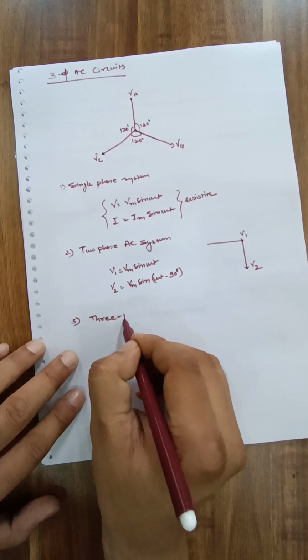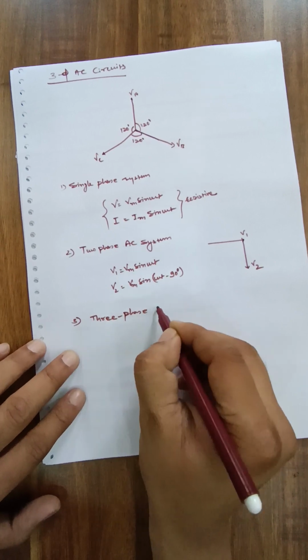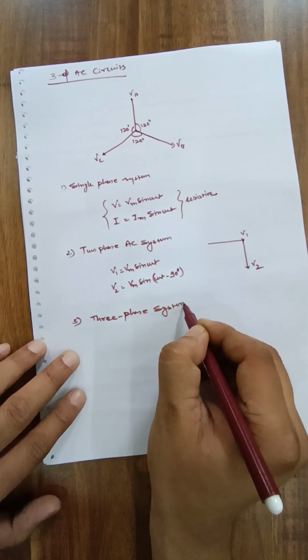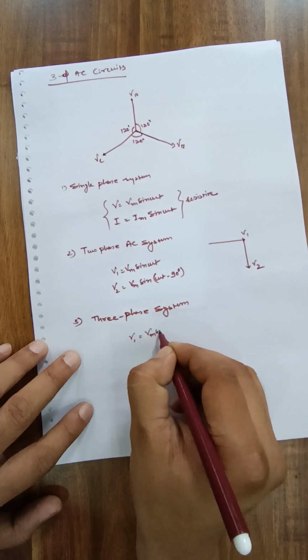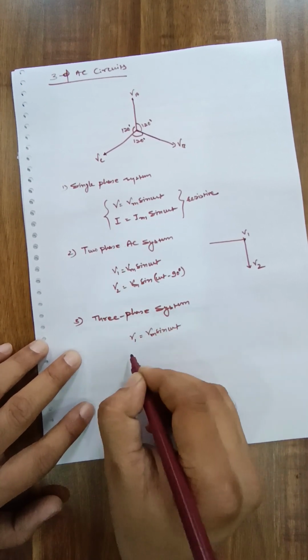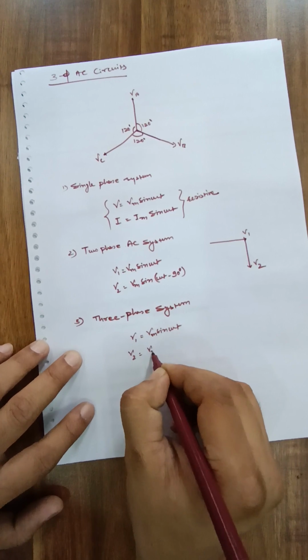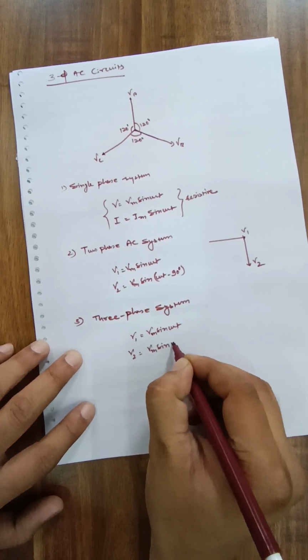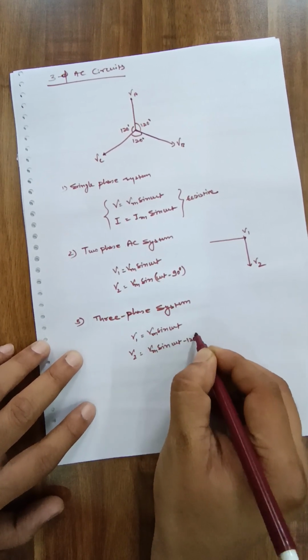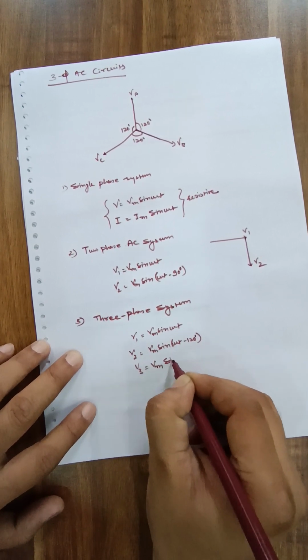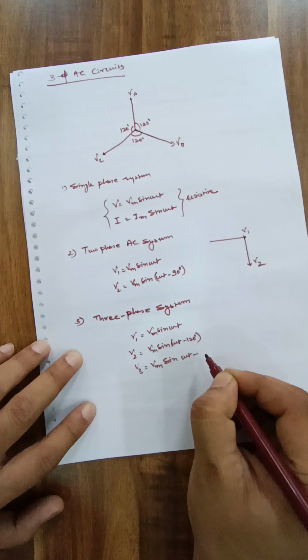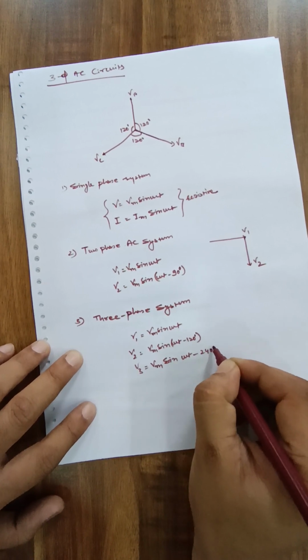in case of three phase system, voltage will be like V1 equal to Vm sine omega t, V2 will be equal to Vm sine omega t minus 120 degree and V3 will be equal to Vm sine omega t minus 240 degree.